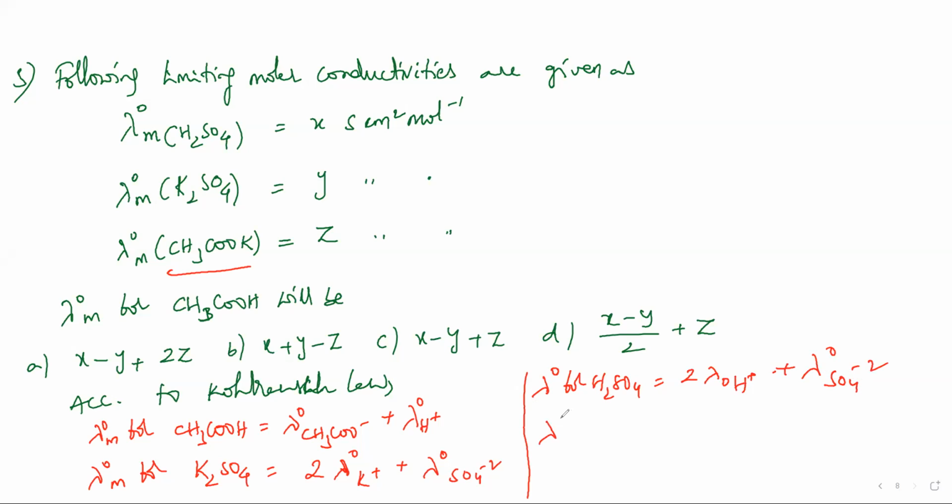And lambda naught for CH3COOK is lambda naught CH3COO minus plus lambda naught K plus. These are the values given.